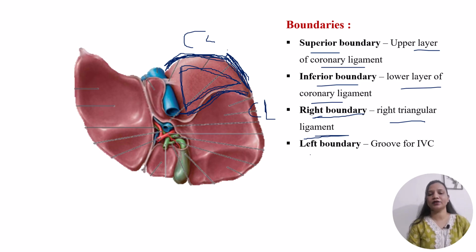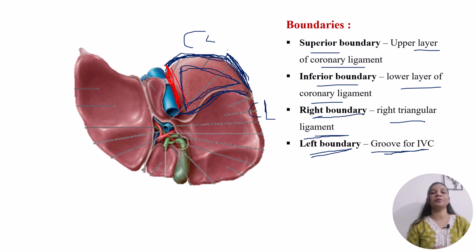And the left boundary is formed by the groove for the inferior vena cava, as you can appreciate here in this picture. This is the groove for the inferior vena cava where the inferior vena cava is actually placed. So, this forms the left boundary of the bare area of the liver.